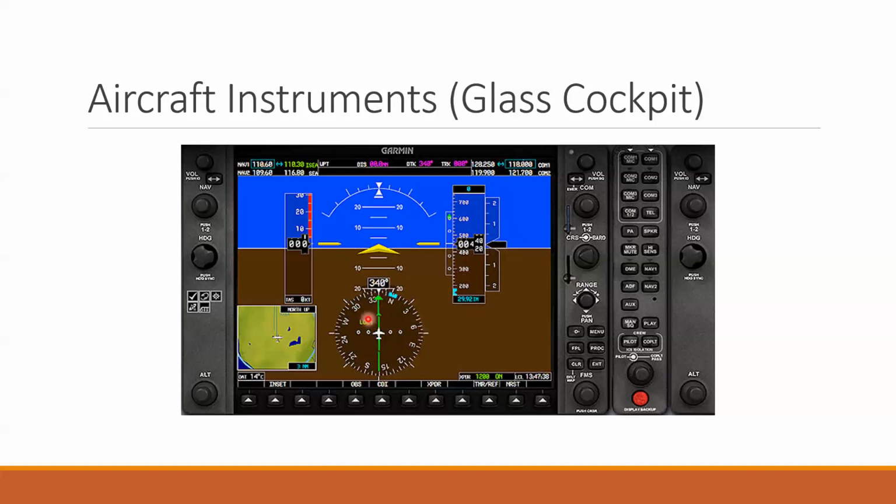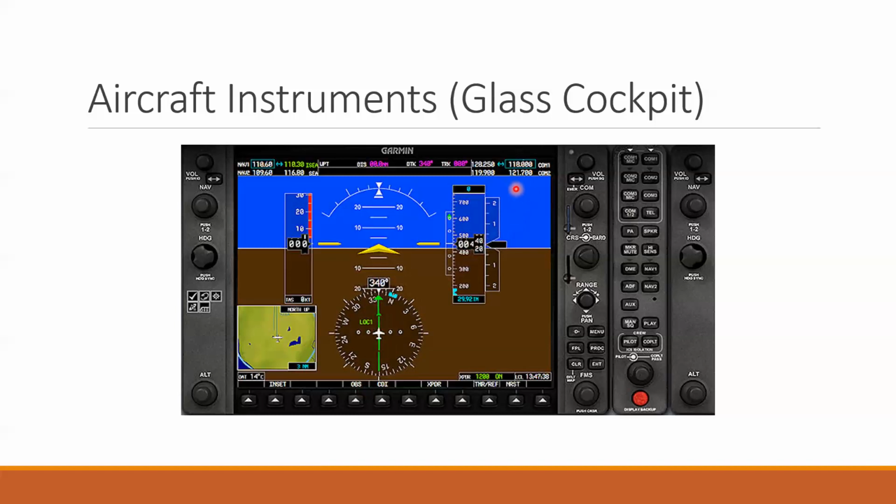And this also is the instrument that you use for radio navigation and ILS approaches and stuff like that. That's what this green line is, and it shows you're on the localizer.